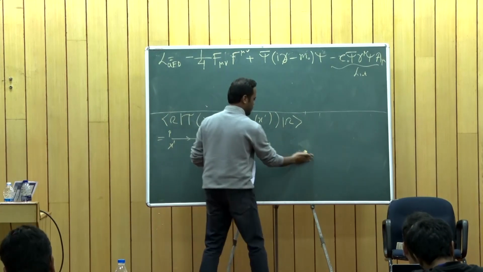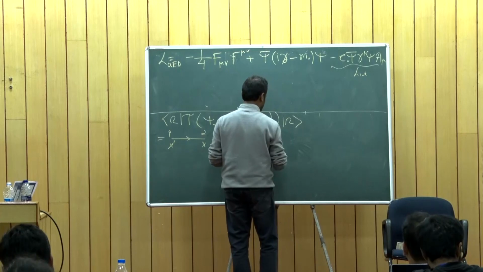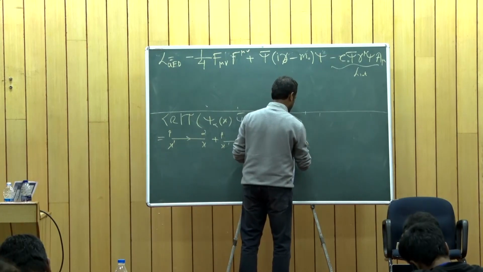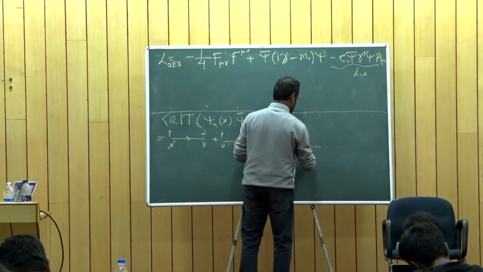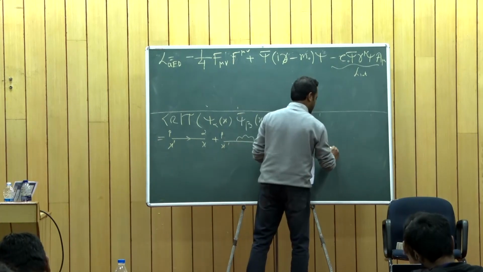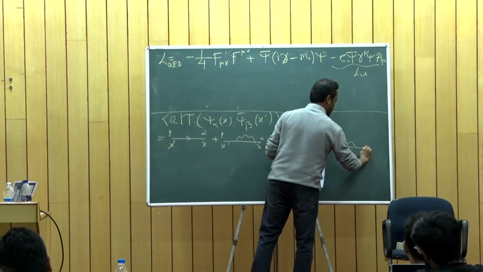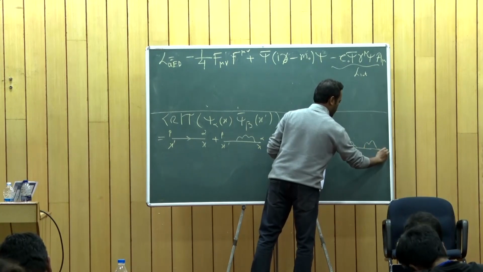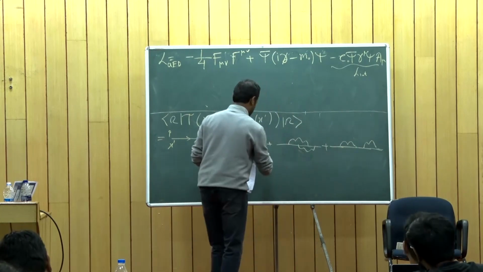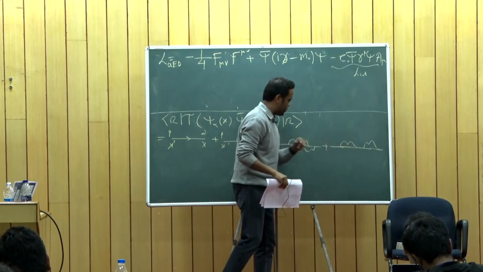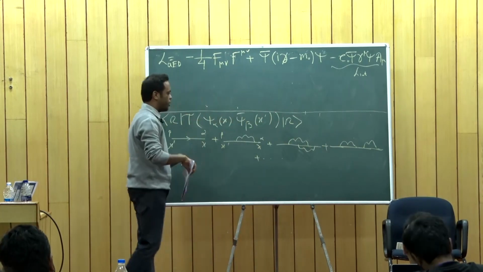Let me draw maybe one more. This will be another diagram at higher order, and so on. There will be two more diagrams at this order, and then higher order diagrams.